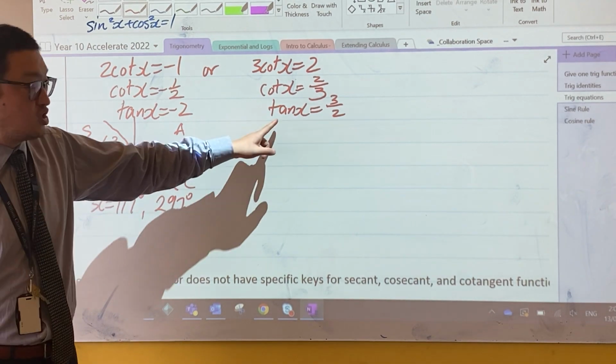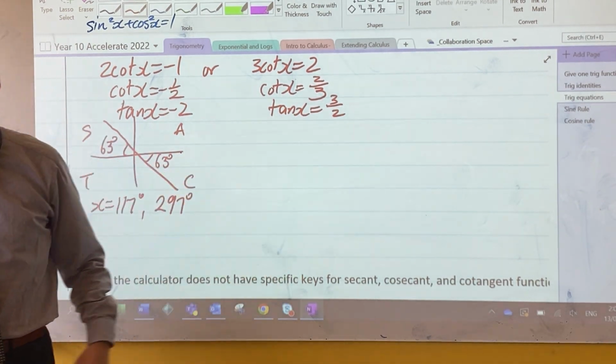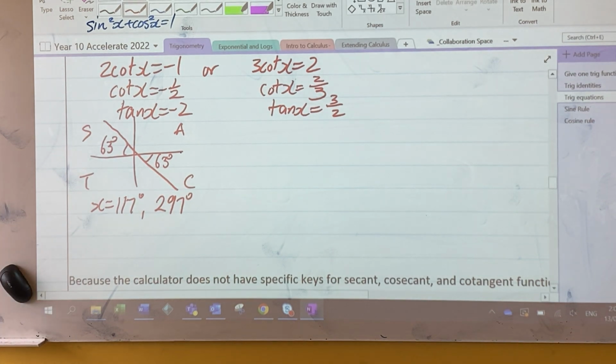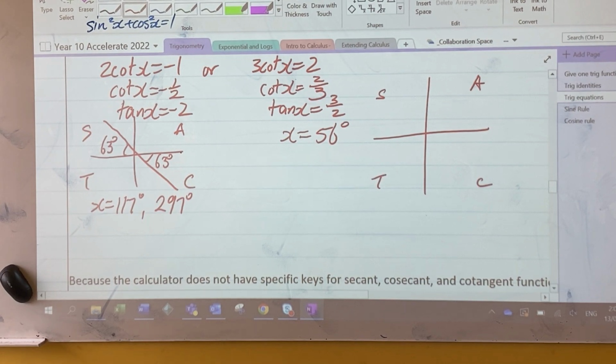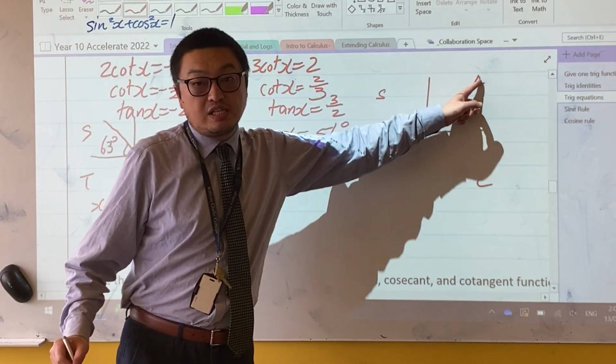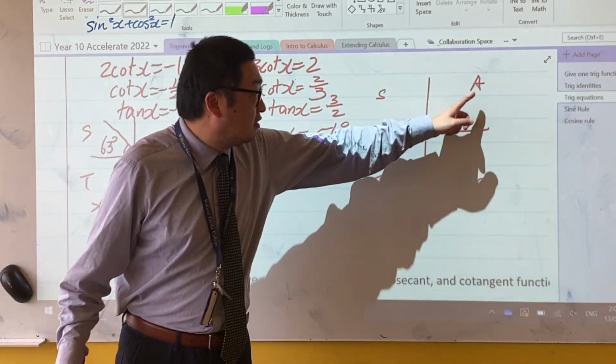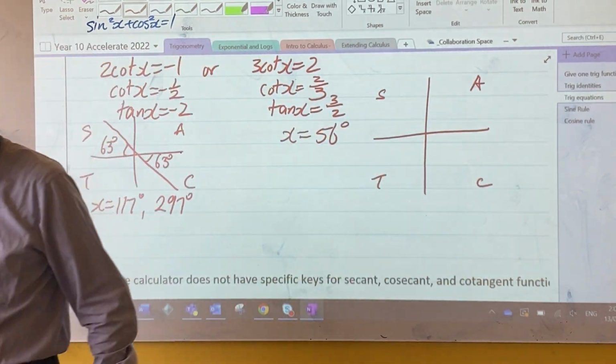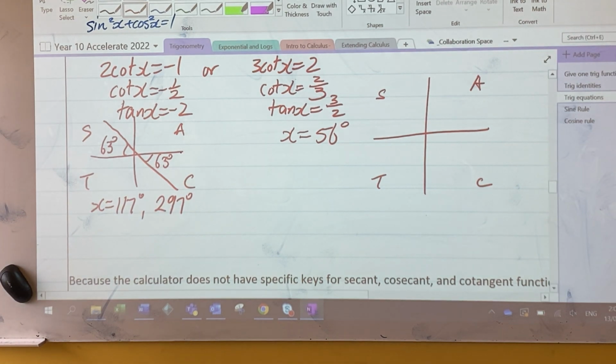Now there's another situation we have to look at: tan x equals 3 over 2. Do the same thing, type into the calculator. 56. And we'll look at ASTC again. Tan is positive, which tells me the angle has to be in the first and third quadrant.